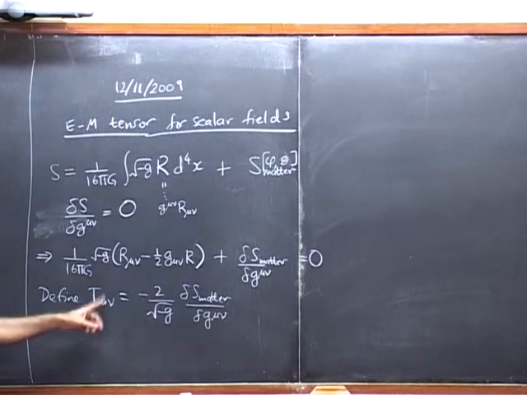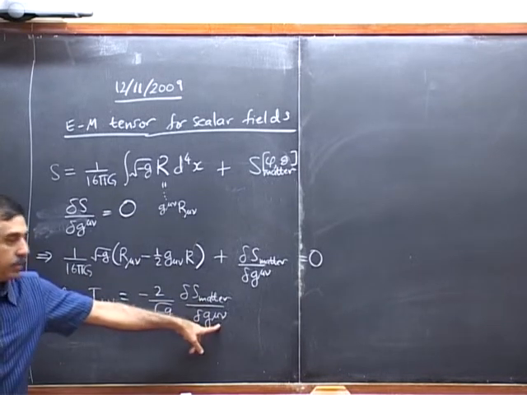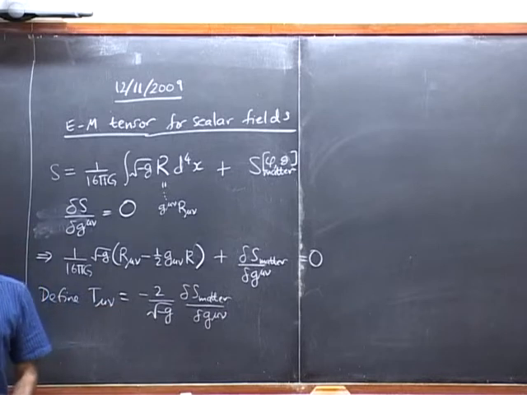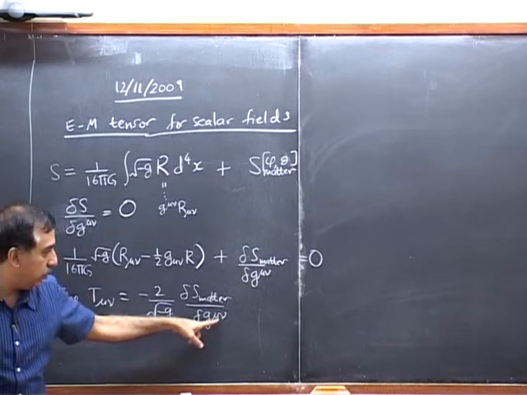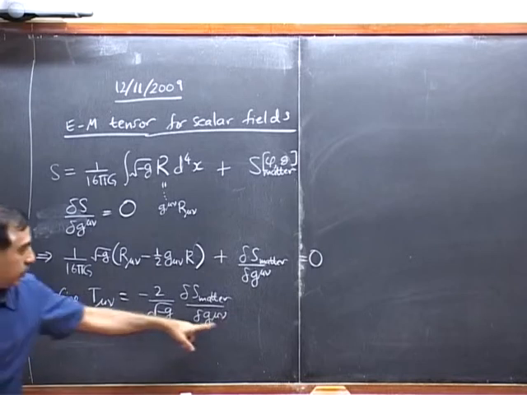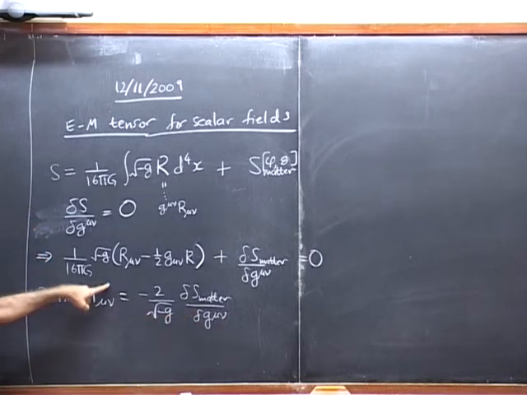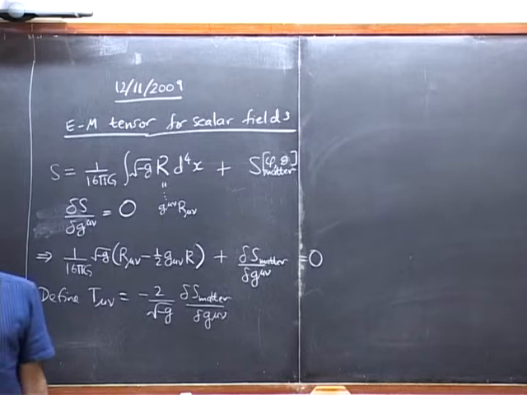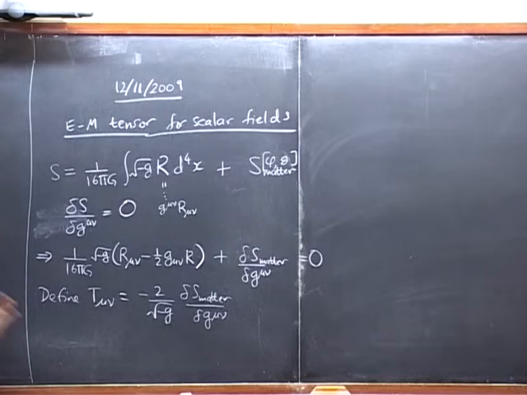Some people define T upper mu nu in terms of this differentiated in g lower mu nu, that has a sign difference with respect to this, unfortunately. So it does matter whether you differentiate with respect to g upper or with respect to g lower, and then you get raised indices and then you lower the indices. Those two operations actually don't commute. Basically, when I have a matrix and its inverse, varying the matrix and varying the inverse are somehow opposite operations.